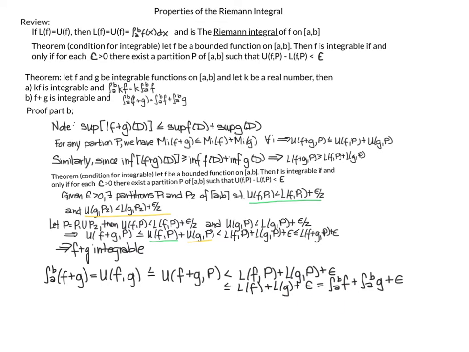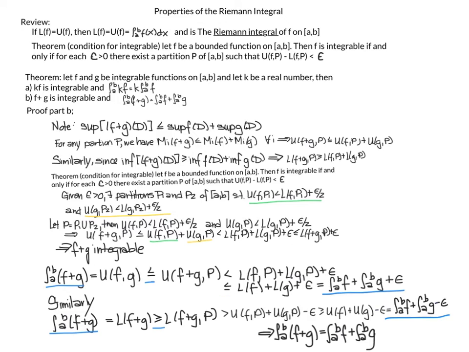And here, because f and g are integrable, the lower integral of f is equal to the Riemann integral of f, and the lower integral of g is equal to the Riemann integral of g, plus epsilon. So this is the first inequality we have: the integral of f plus g is less than or equal to the integral of f plus the integral of g plus epsilon.